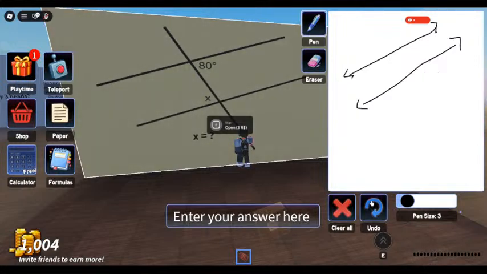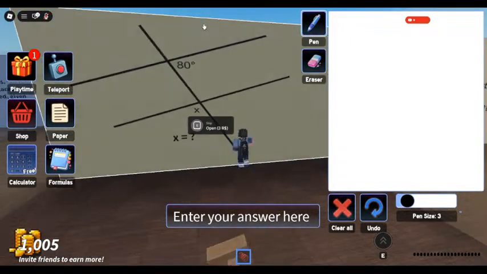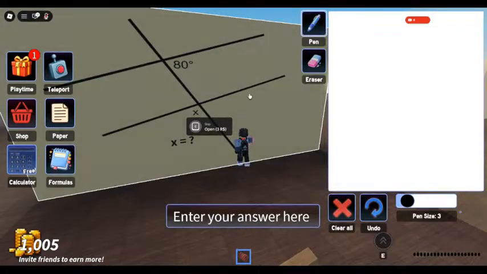So if you put a line here intersecting both lines and it forms an 80 degree angle, that means this is also 80 degrees. So if that's 80, that's also 80. Yep. Now what's this one?